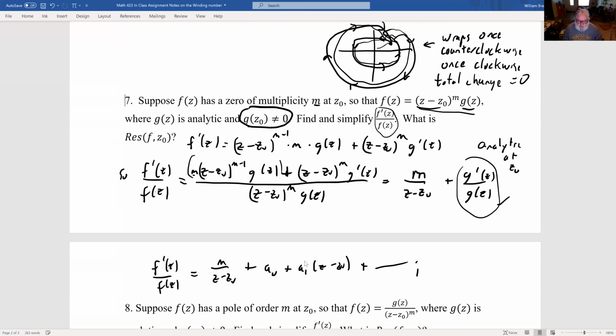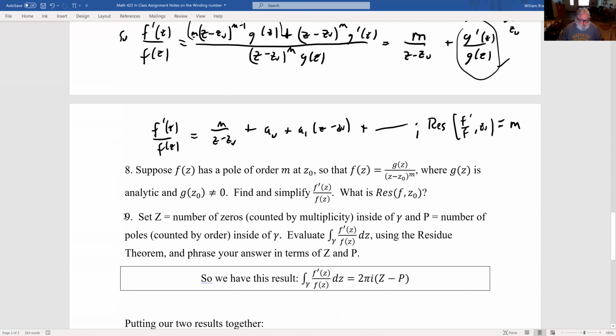So the residue of f prime over f at z0 is m. It's the order, it's the multiplicity of the 0 of f of z. Okay, so that's a nice thing.